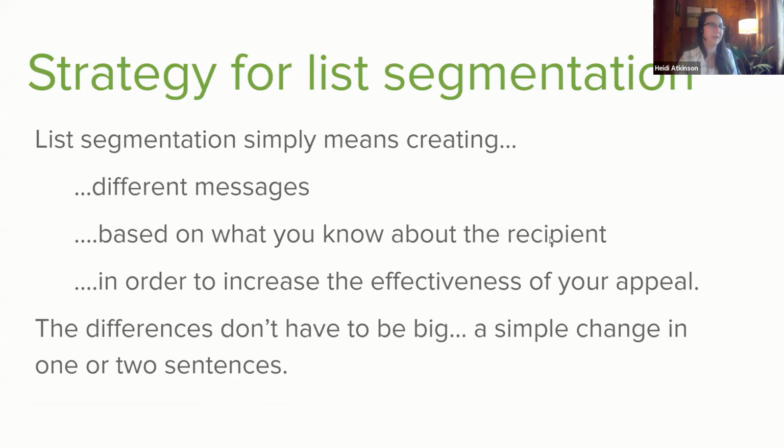You can't really segment based on the square footage of their house if you don't know the square footage of their house. And it should be something that's useful. Even if I know the square footage of your house, that still might be a very useless thing to segment my appeal based on if it's not actually leading me to give them a more compelling pitch or a more personalized pitch and improving my response rates to my appeal.